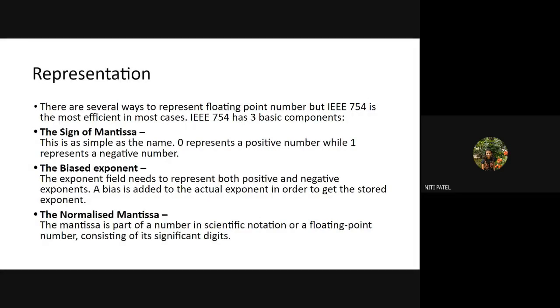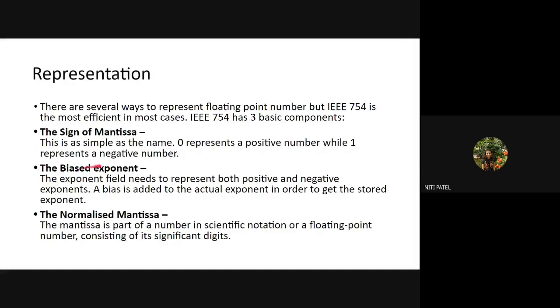But for now, just remember, for this bias exponent field, we have two types of IEEE 754 precision. One is single and one is double. So for single, this bias exponent value is 127 and it is fixed. I repeat, for bias exponent, if IEEE is single precision, the value is 127.